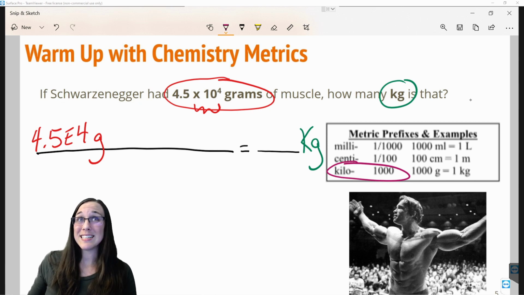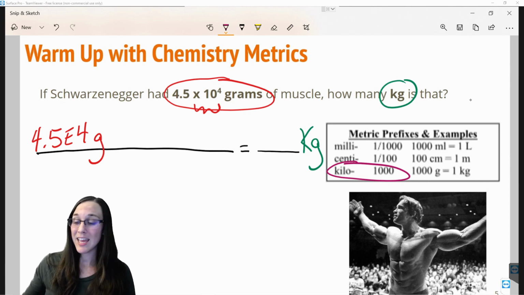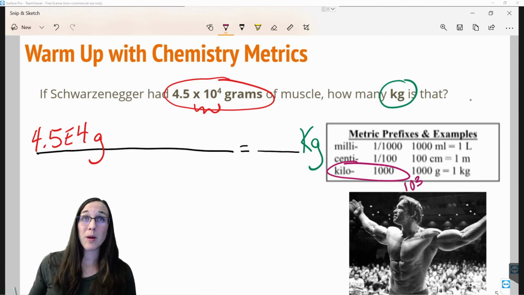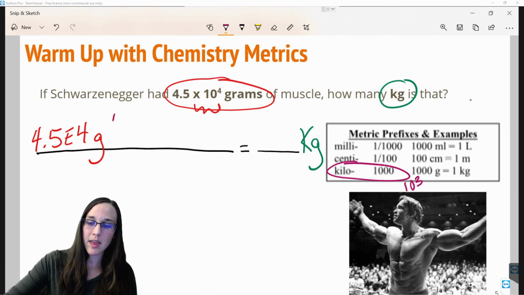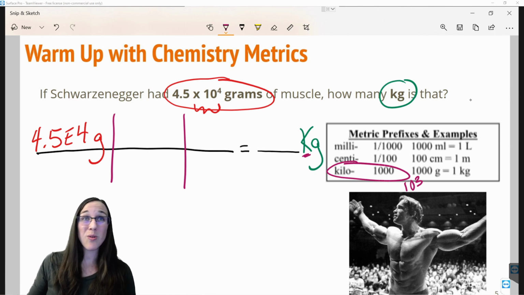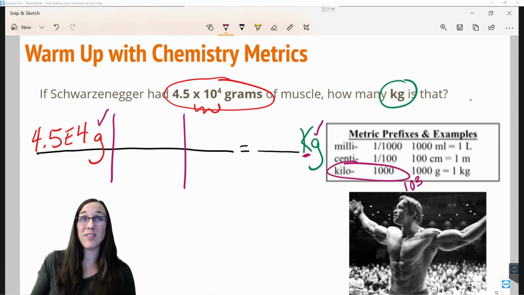It's really easy. This is why when you think about milli, centi, and kilo, I want you to think about it in terms of 10 to the power of something. In this case, kilo would be 10 to the power of 3. When we plug this into our dimensional analysis format, if I want units of kilograms, the only difference between this G here and this G here is that there's a K in front of it.